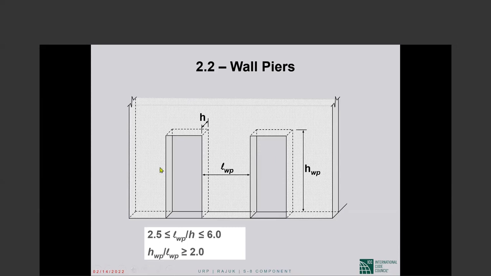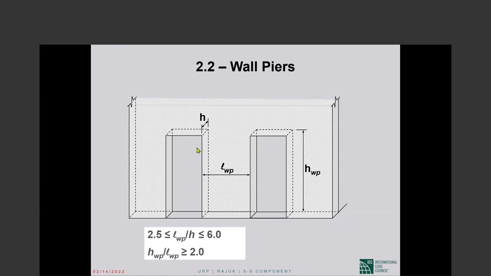The problem is that those segments between the openings, or this segment between the opening and the edge, are particularly vulnerable to shear failure in an earthquake. We saw that in earthquake after earthquake.